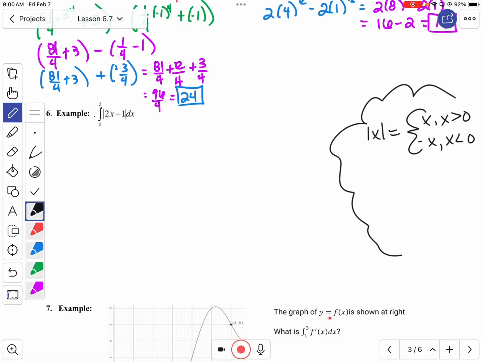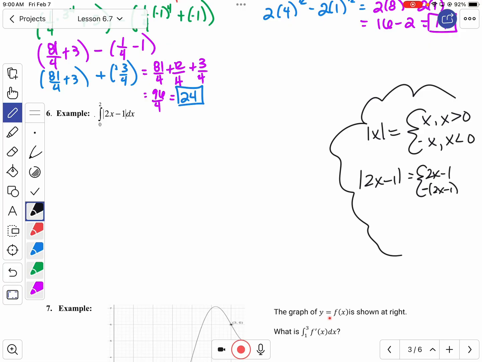Because we got to do a positive side and a negative side. All right. The same is true when it's inside of an integral. So if I have the absolute value of 2x minus 1, it is 2x minus 1, or it's the opposite of 2x minus 1.